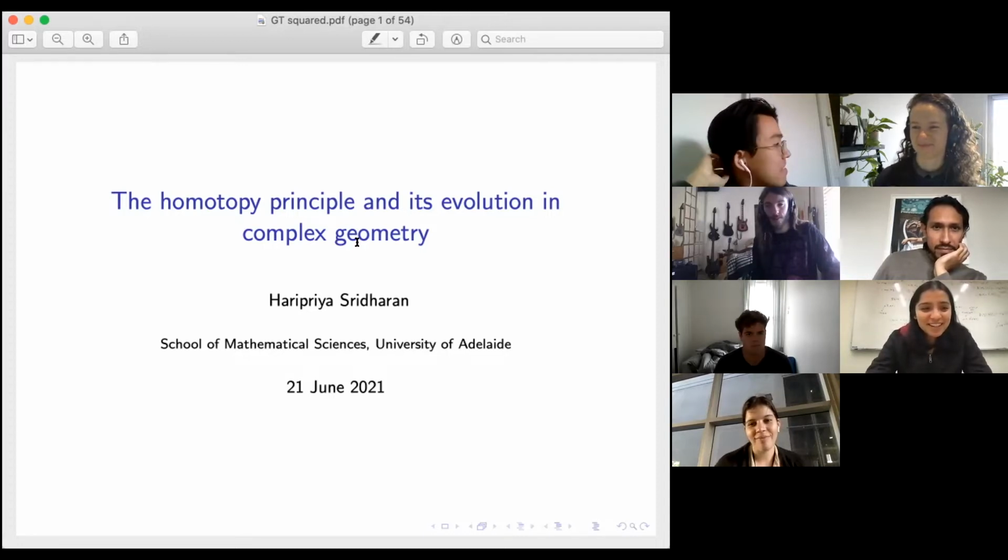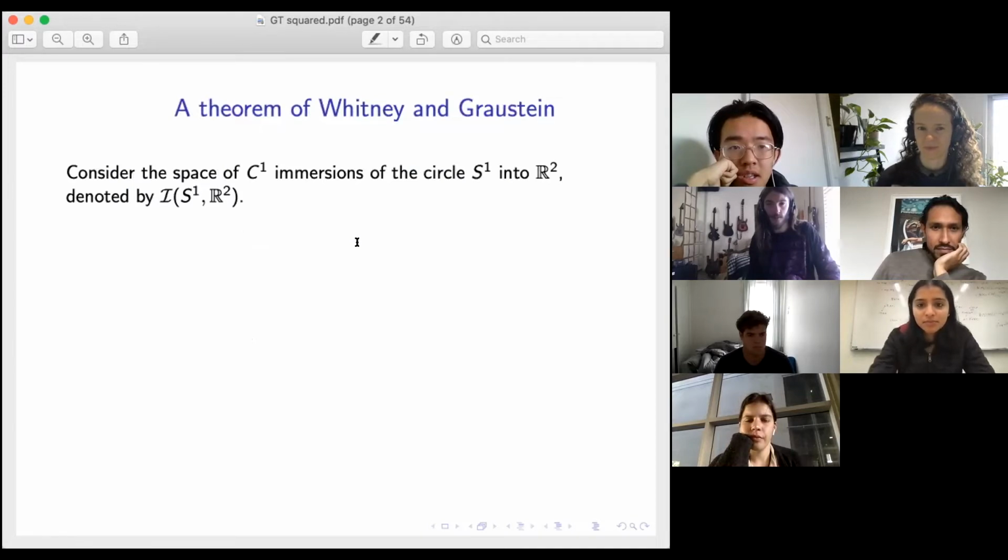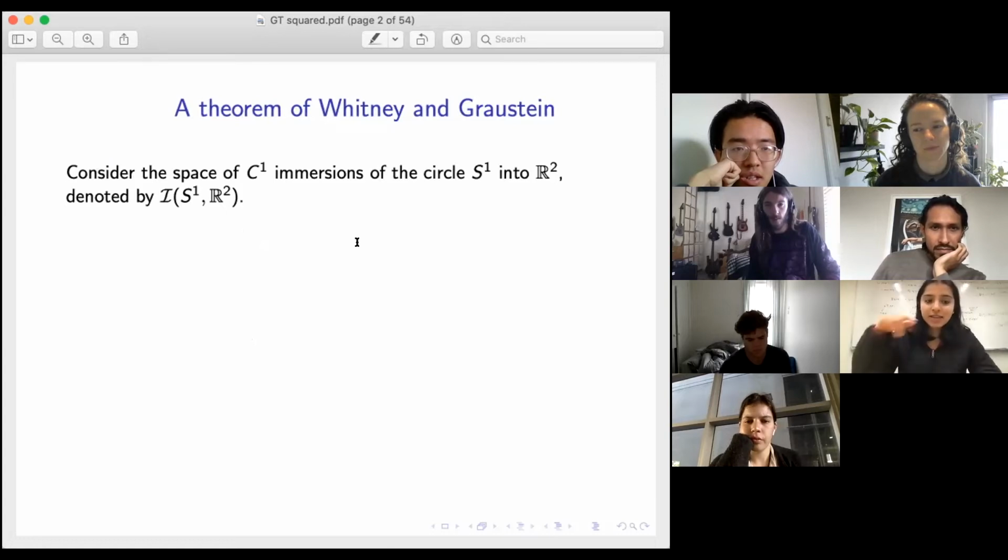So the story really starts all the way back in the 1930s with this classical theorem of Whitney and Graustein. It states that immersions of the circle into the plane R2 up to homotopy through immersions are characterized completely by the winding numbers of their tangential maps or their velocity maps.